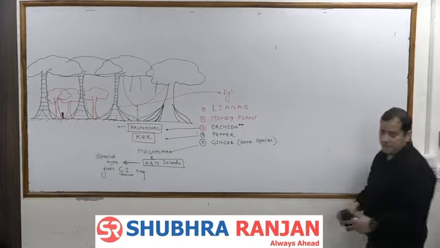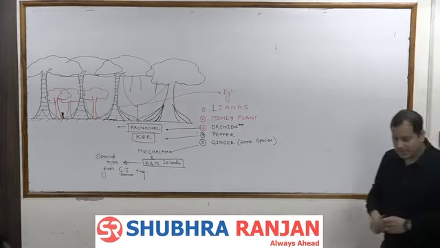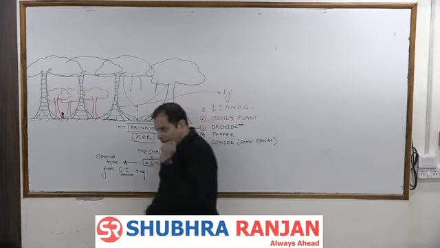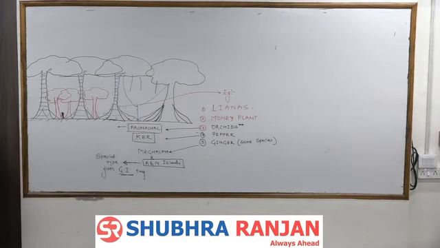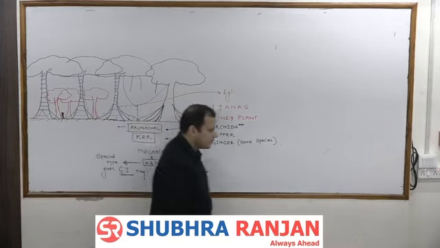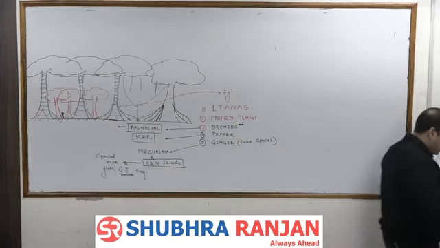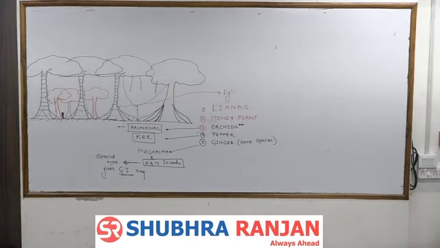Next point, the tropical evergreen forest. The tropical evergreen forest are hardwood trees. Softwood and hardwood. Hardwood trees.